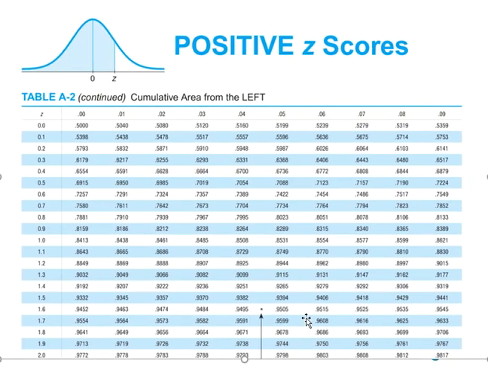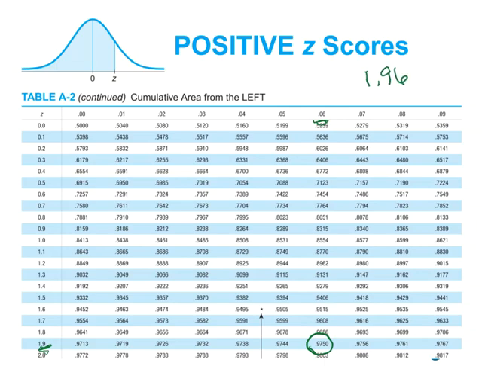Oops, pen keeps going off, sorry about that. Here's 0.975. So now that I've found it, I go, okay, what z-score is that? Well, if I look to the side, I see the 1.96, and I look up, I see the 0.06. So the z-score, or the critical value, which goes with that 0.975, is 1.96.